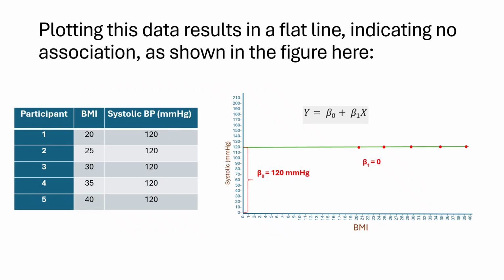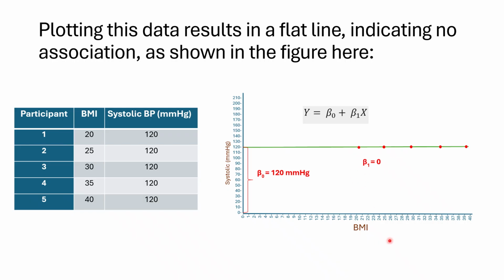Now let's plot this data. As BMI increases from 20 all the way to 40 across participants, systolic blood pressure remains constant at 120 millimeters of mercury. The first participant with the BMI of 20 right here had a systolic blood pressure of 120.